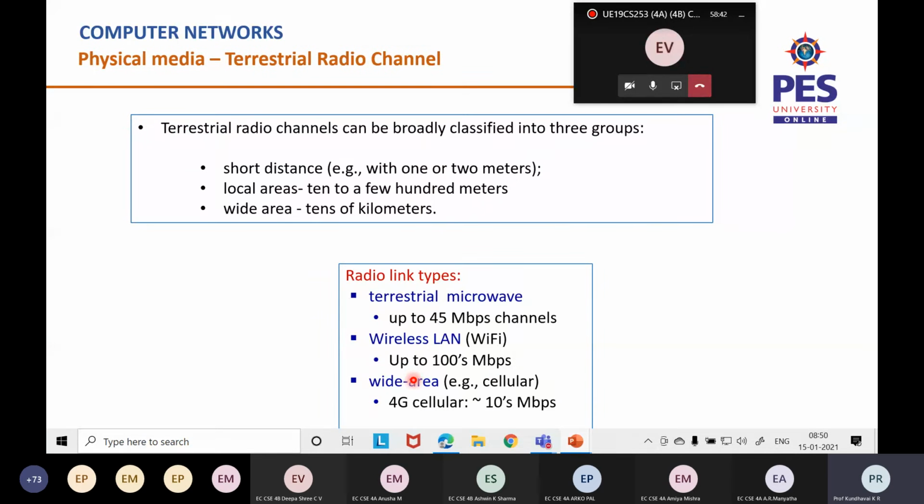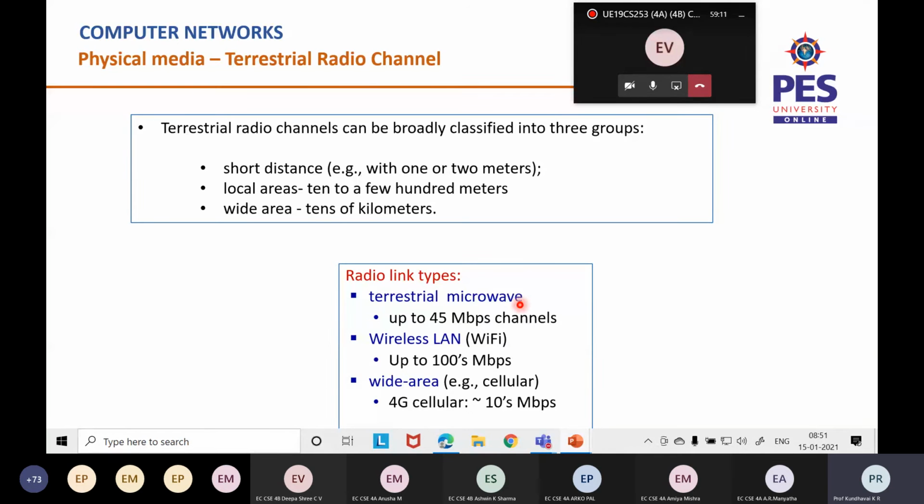They are classified into three groups: short distance, local areas, and wide area. Short distance is within 1 or 2 meters. Local areas extend to a few hundred meters. Wide area is tens of kilometers. I've mentioned the average data rates also.